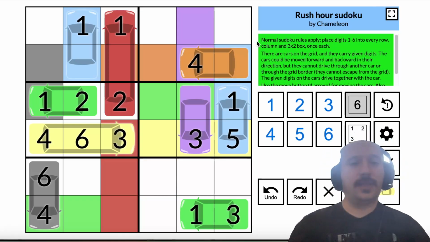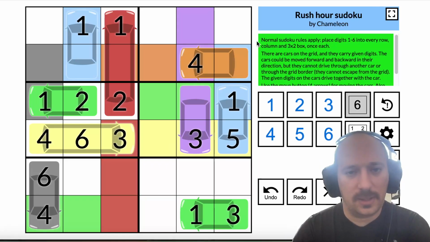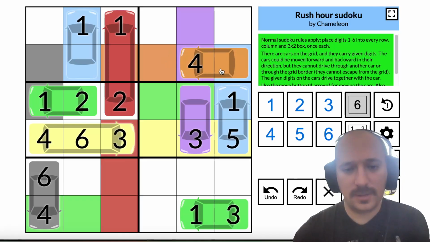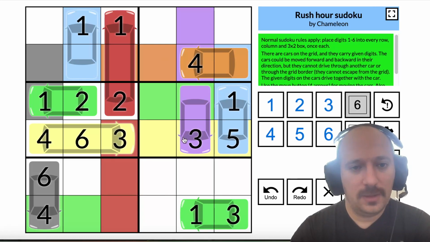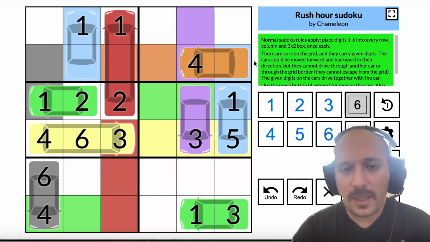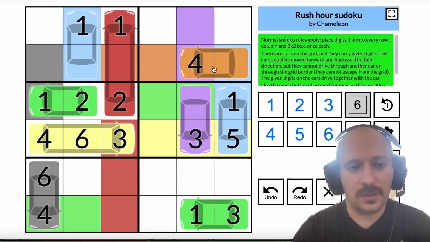And let's try to solve the puzzle in a more logical way, like the rush hour puzzle. So the way I like to think about it is to think about which things go first and what are the available things for us at the moment.